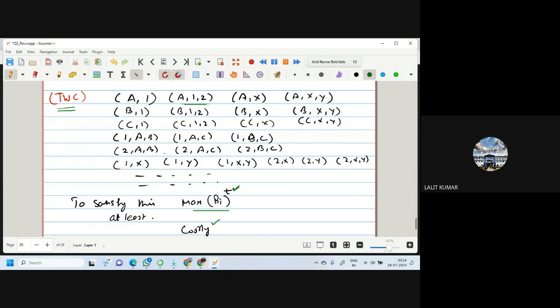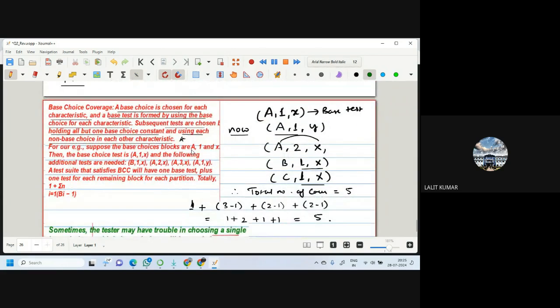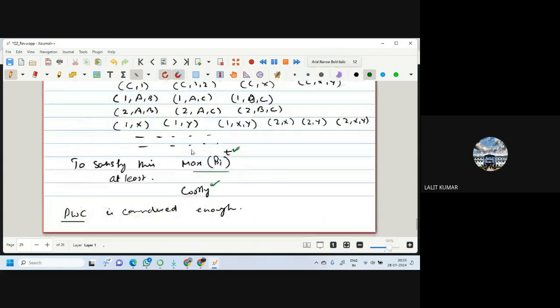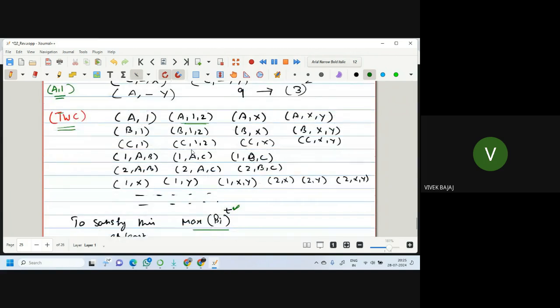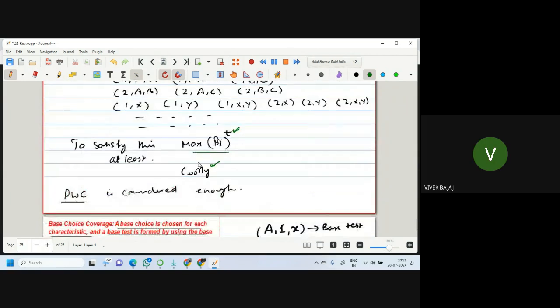But it is very, very costly and generally it is not followed. If T is 1, then it'll become ECC, right? And if T is 2, it'll become PWC. And if it is all N, then it'll become ACoC, all combinations.